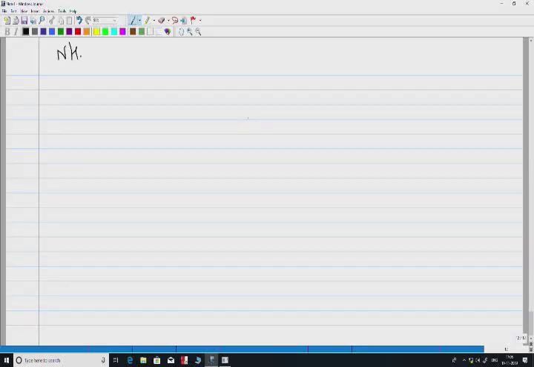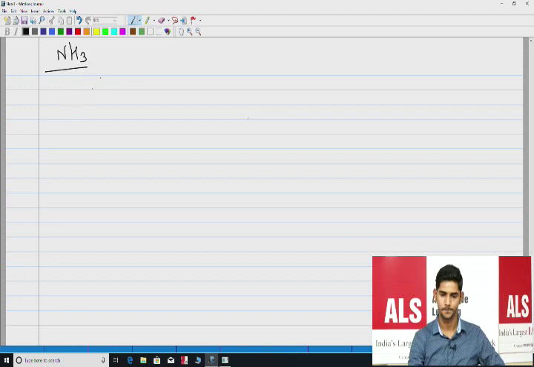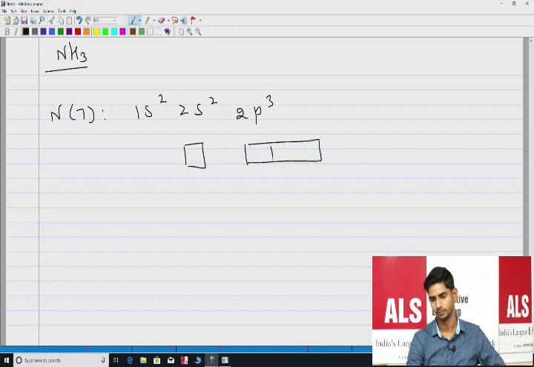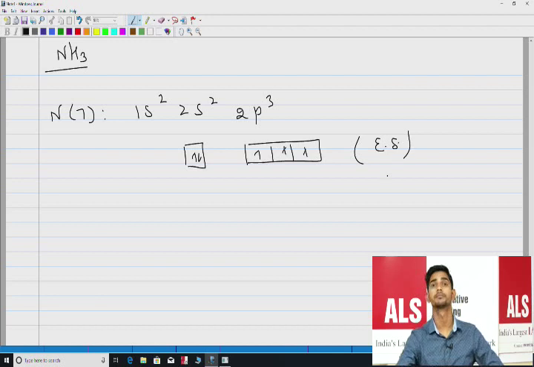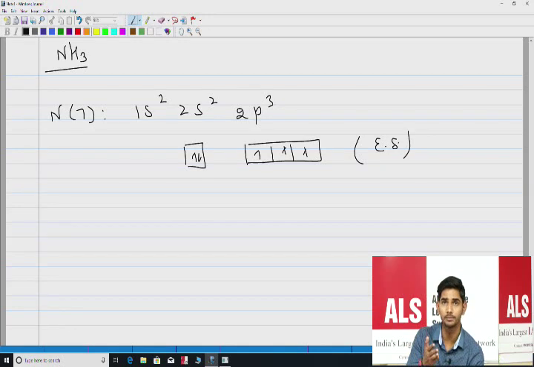Talk about ammonia. Nitrogen has atomic number 7: 1s2, 2s2, 2p3. Now guys, the problem here is that 2p is the orbital which was vacant initially for the elements just before nitrogen.